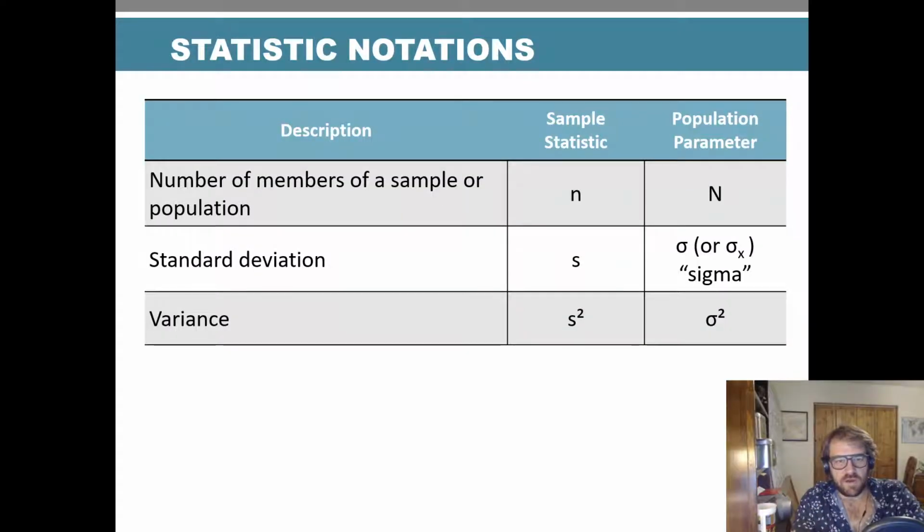And here are other notations that you might see. Again, going back to what we talked about last time, little n is a sample statistic and large N is a population parameter. Similarly, for standard deviation, we have lowercase s. And if you're talking about variance, remember variance is just the square of the standard deviation, so it's s squared.